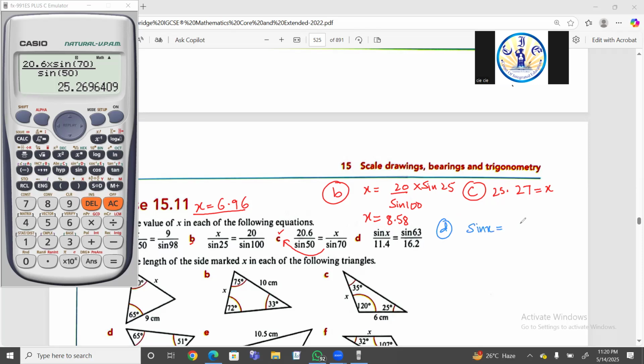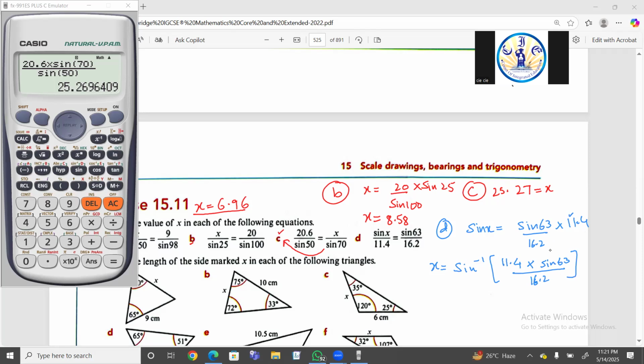Sine of x is equal to sine of 63 divided by 16.2, multiplied with 11.4, and then finally the value of x is going to be sine inverse of this whole thing, as I told you earlier. It's better to write down 11.4 first and then sine of 63 whole divided by 16.2.